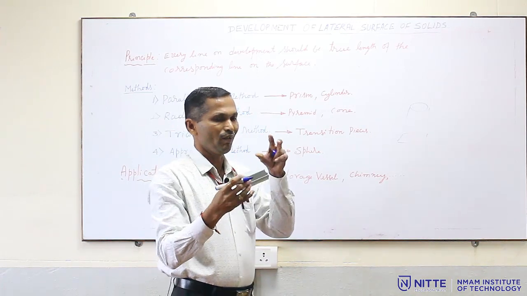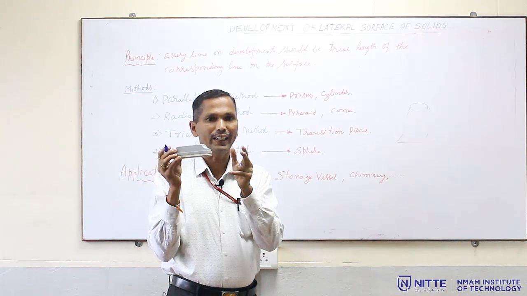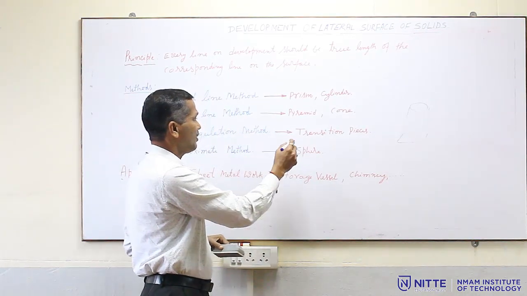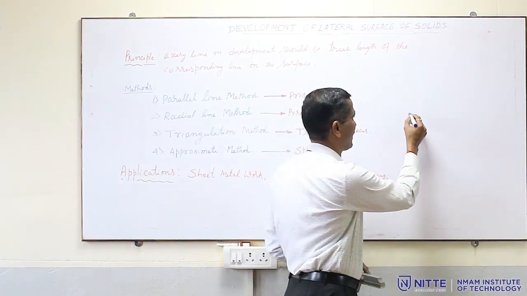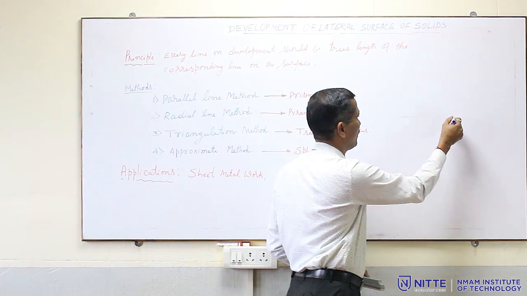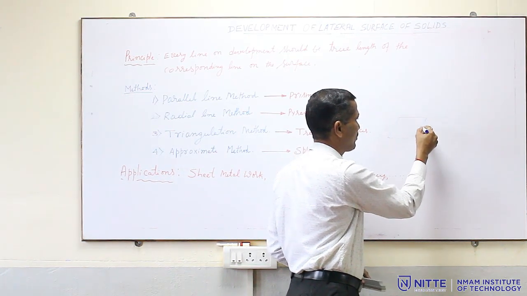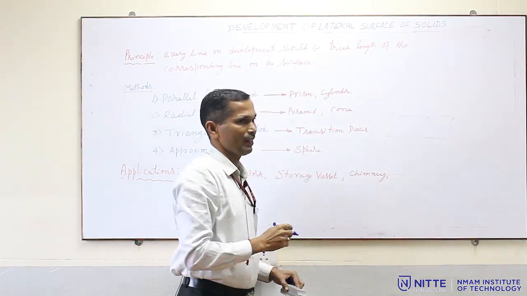If you want to connect a circular pipe to a square duct on the other side, that connecting piece is called a transition piece. We develop the transition piece using the principle of triangles. That means we draw a number of small triangles like this, and finally we get the development of this.